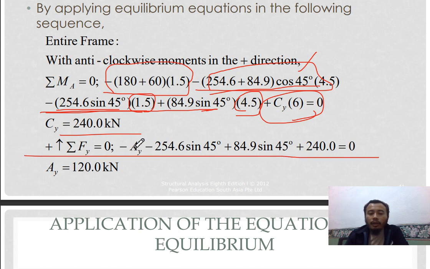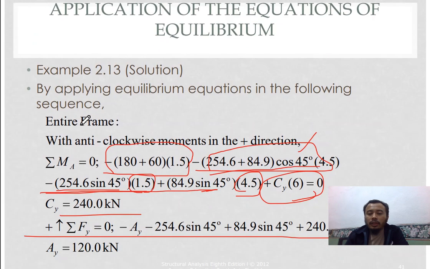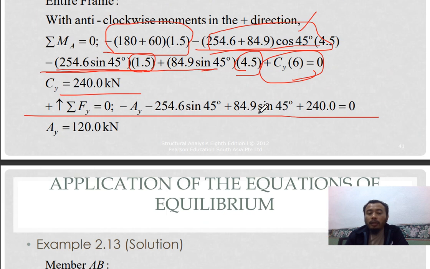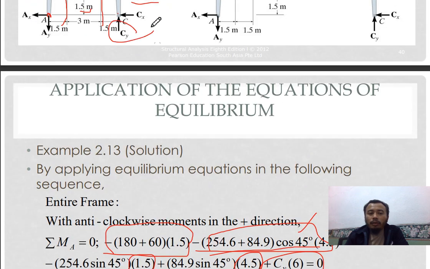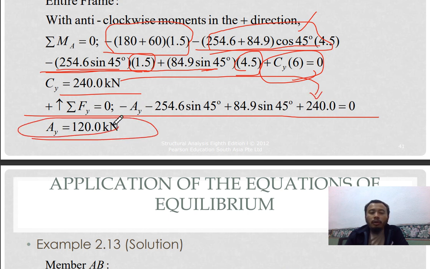You have AY acting negative, and then 254.6 here in this vertical component, and then 94.9, and also 240 of CY, which we have solved here. You can put into this equation. So your value of AY is here.